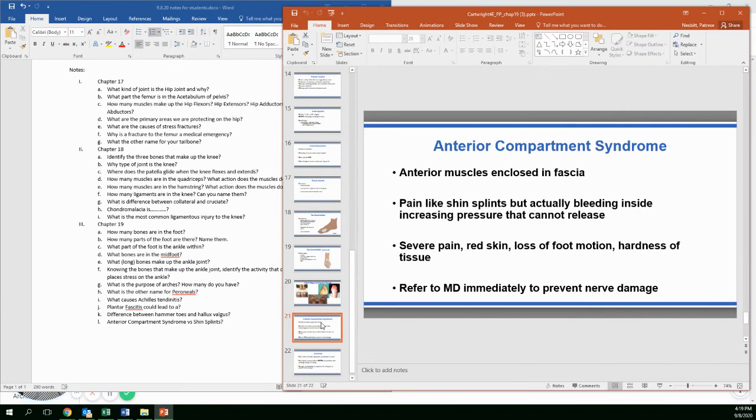Okay, anterior compartment syndrome. Now, anterior compartment syndrome versus shin splints. Okay, anterior compartment syndrome, excuse me, is a little bit more chronic. With anterior compartment syndrome, this could be excessive overuse. While shin splints, when it happens, it could start out that way and then the pain will go away.